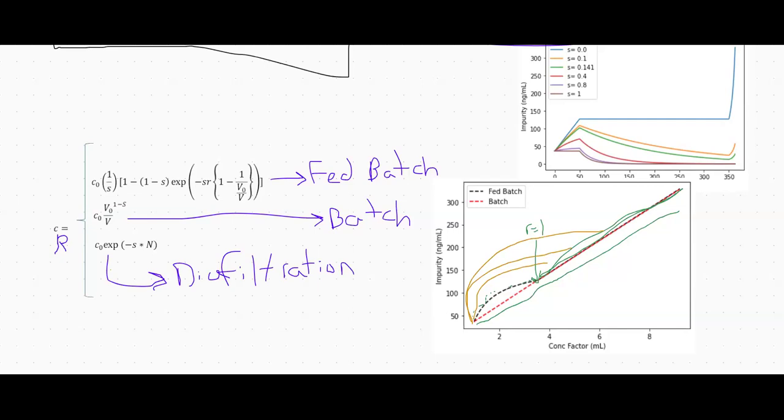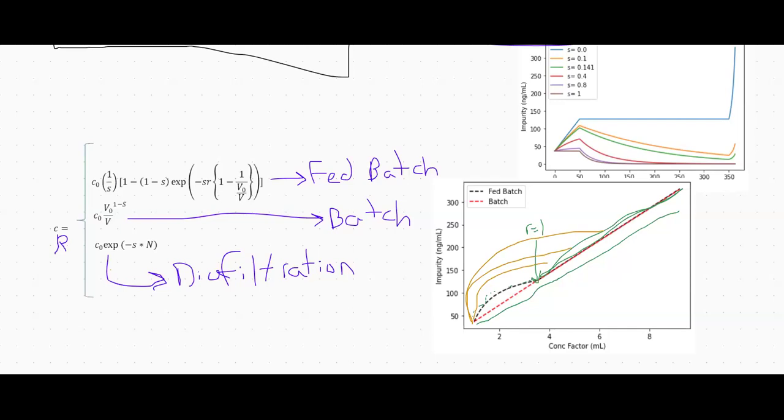So as you remove permeate volume, you're adding more buffer in. So the volume in the retentate tank is constant, but you're not adding more product. No more protein or whatever your solute is being added. You're just adding more volume.